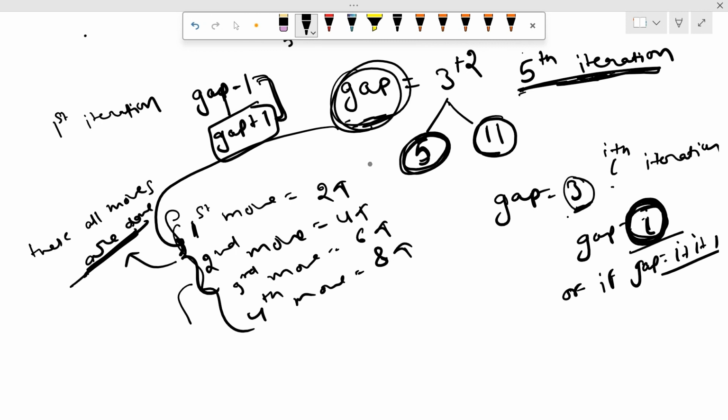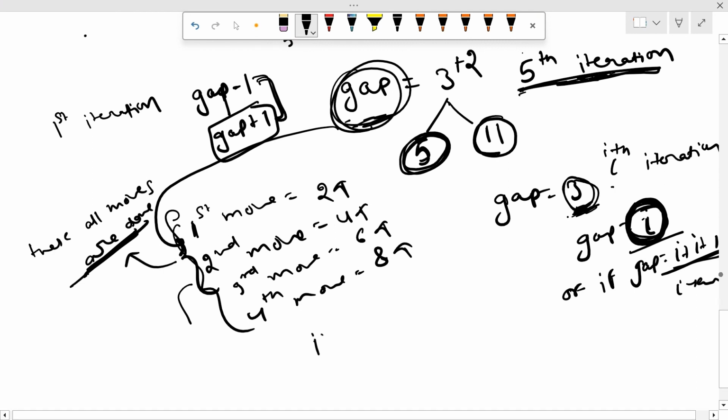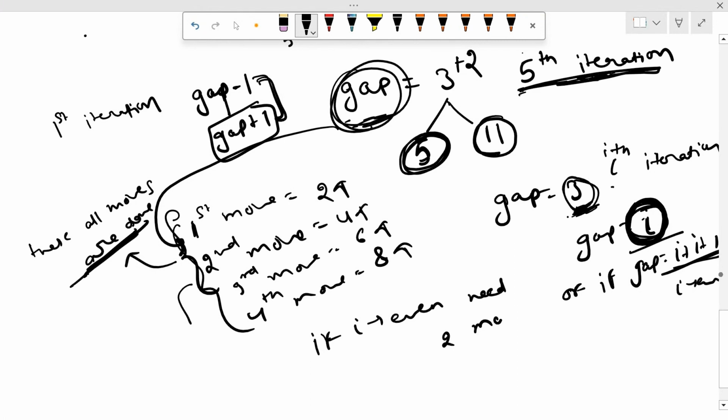And if i is even, so it is even and it is again odd, and we can add this. We can make it odd again because it is odd if i is even. So if i is even, we need 2 more iterations.